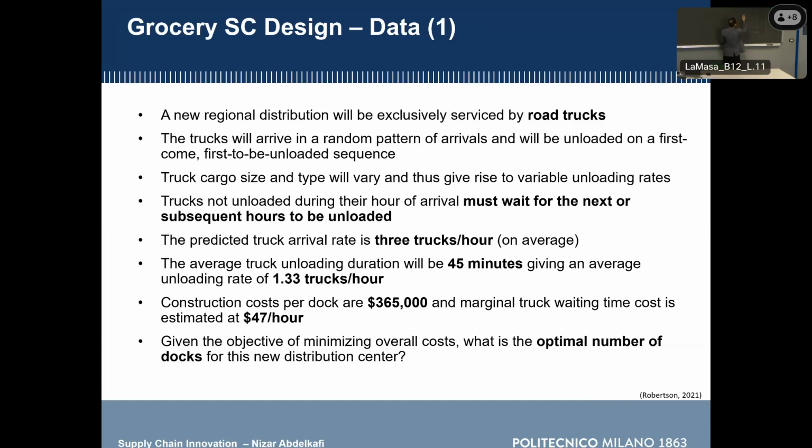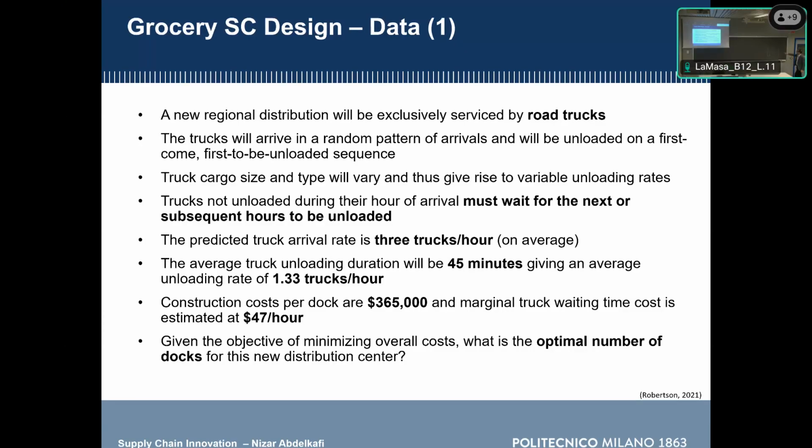The trucks come and they will be unloaded. Our task is to determine how many docks we should have here in order to have an optimal unloading, and we will see the variables that are required.